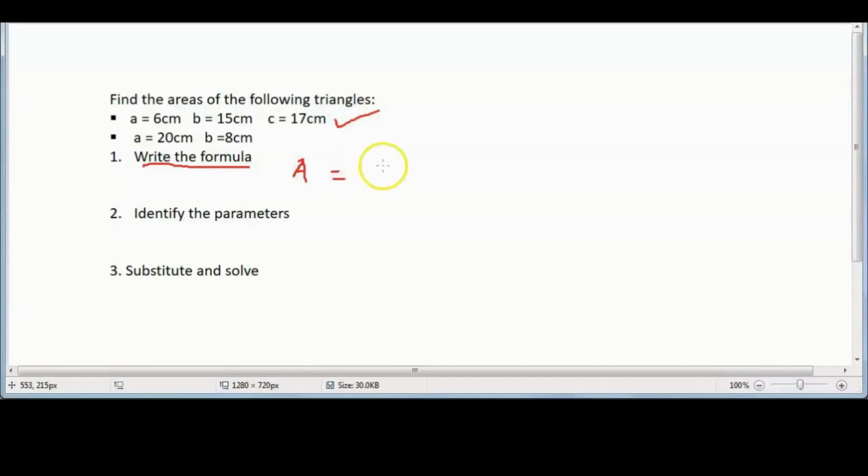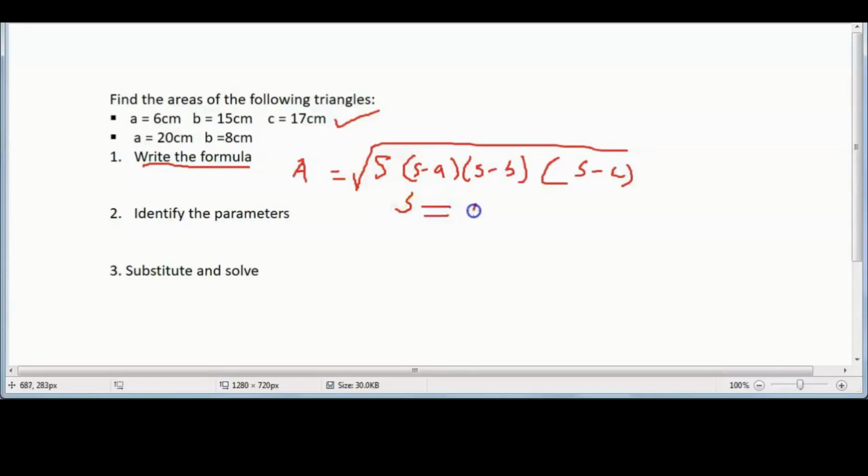A is equals to the square root of S into S minus A, S minus B, S minus C, where S is the same thing as half into A plus B plus C. This is Heron's formula.